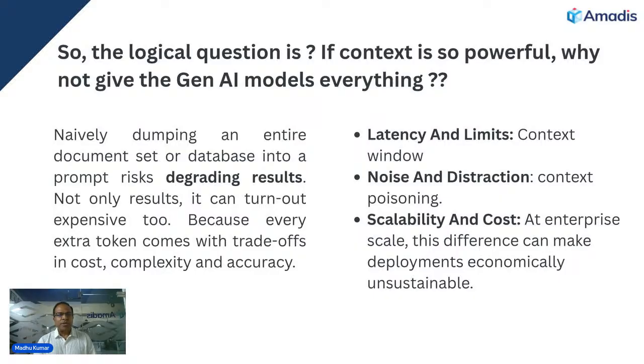The more data you dump, the more things into a database into a prompt, you may be degrading the result too, because you may be slightly confusing what I call the third party model. So not only can it reduce the results, it could be very expensive, because of every token on a closed weighted model, or when you do even open weighted on your own GPU, the cost, everything can be a trade-off.